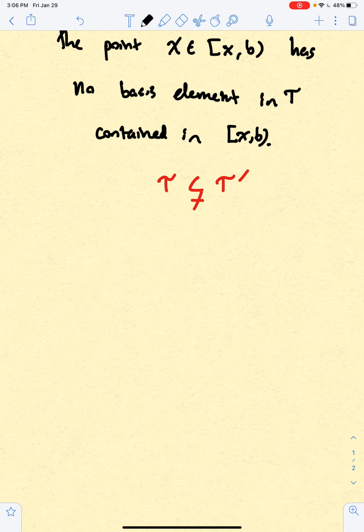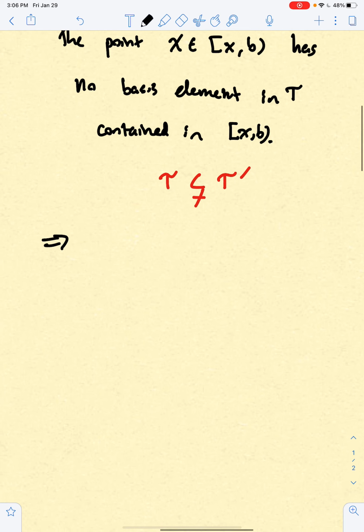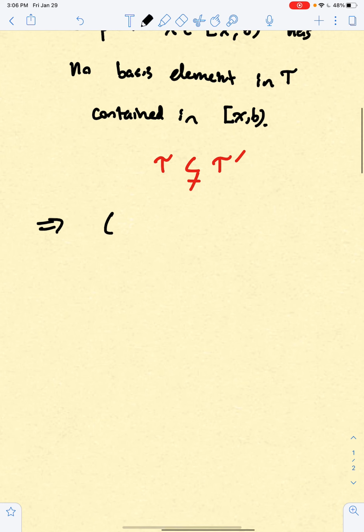Likewise, in the K topology, if we're away from the set K, this is a basis element of tau, and it's also going to be open in tau double prime.